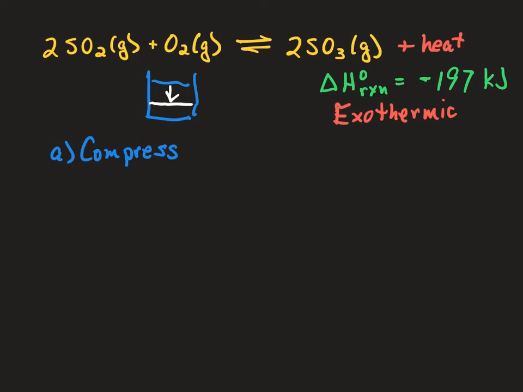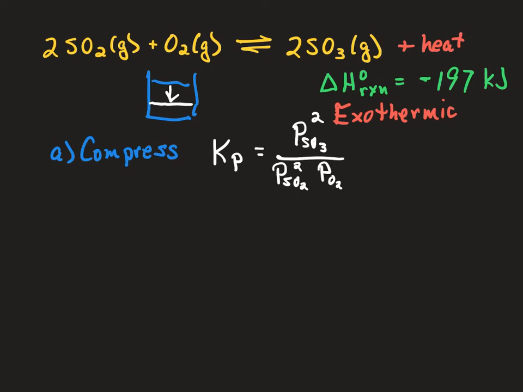So let's look at the effect on the equilibrium constant in pressure terms. If the equilibrium constant in pressure terms is the pressure of sulfur trioxide squared divided by the pressure of sulfur dioxide squared times the pressure of oxygen to the first, that's the expression of our K under pressure terms.